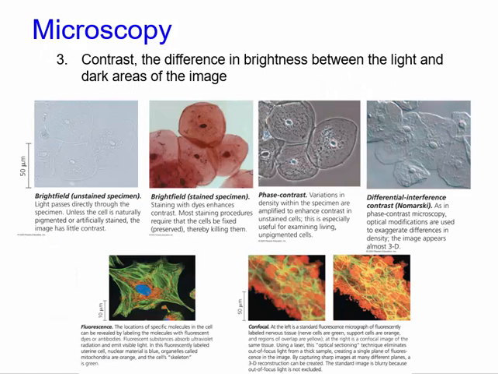The third thing that influences what we can see with the microscope is contrast. So here are some examples. These are straight out of your textbook. You can refer to that as well. Look at bright field. This is the first box here. An unstained specimen. You can see that there are cells there. Here's a nucleus in the middle. But when we stain the specimen, now that creates more contrast, right?